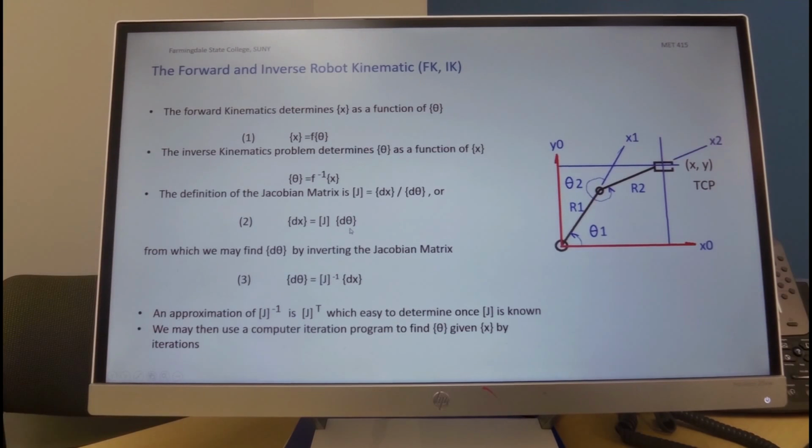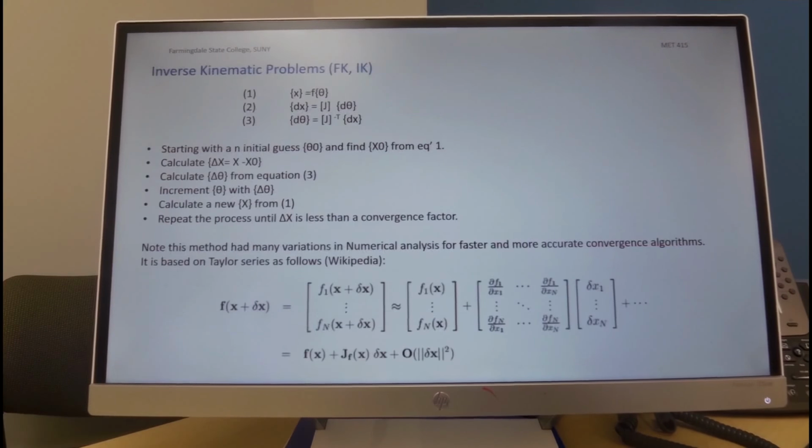In order to find d theta as a function of dx, we have to invert the Jacobian matrix, so we'll have d theta equals the inverse of the Jacobian times dx. But the inverse of the Jacobian is difficult to find, and we can use an approximation for it as the transpose of J of theta, which is easier to determine.